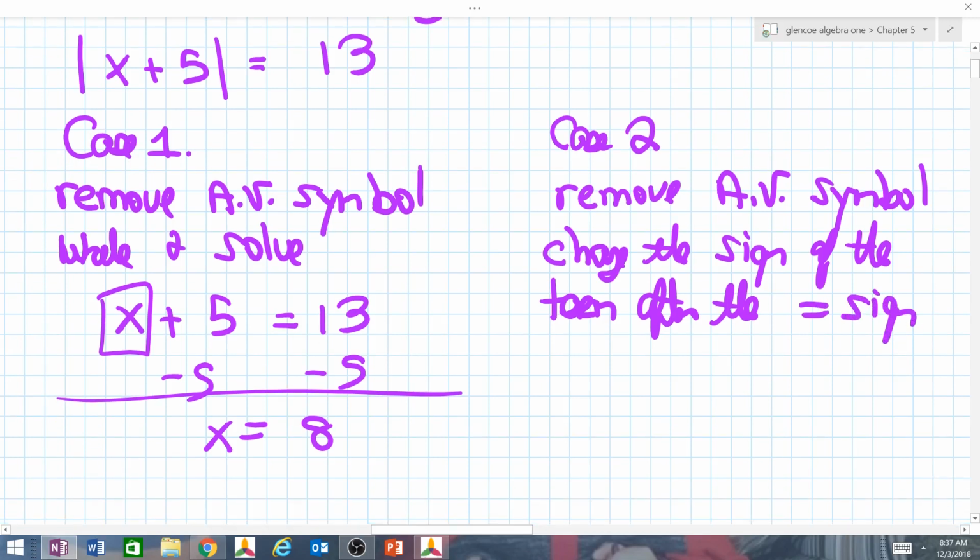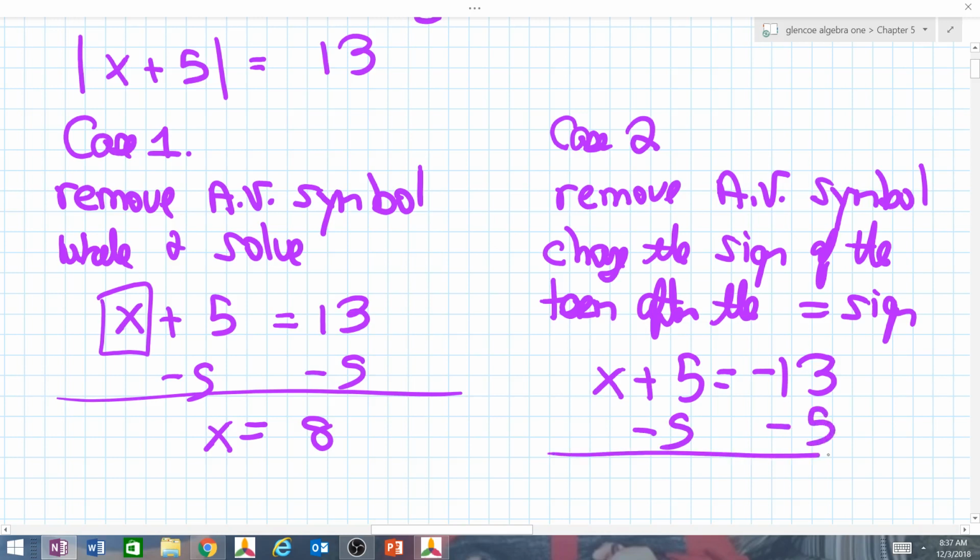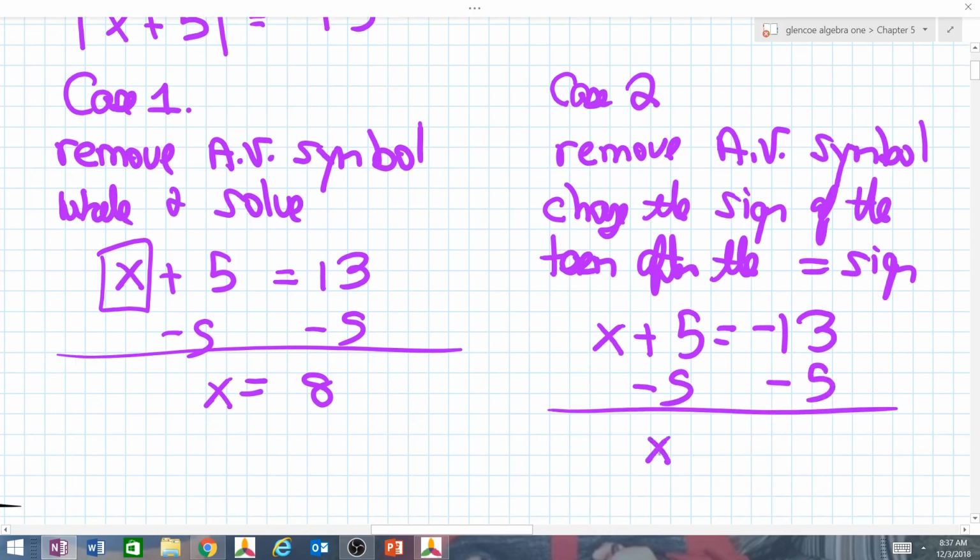So in case 2, instead of it being x plus 5 equals 13, case 2 would be x plus 5 equals negative 13. Are you with me? Now we would subtract 5 from each side, and we get what? X equals negative 18.